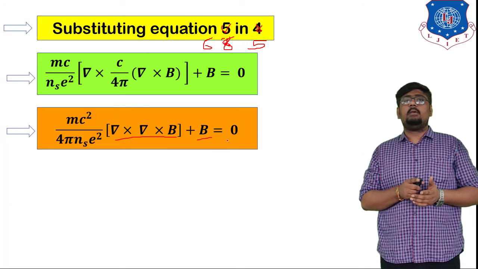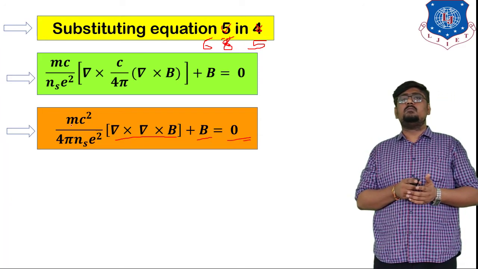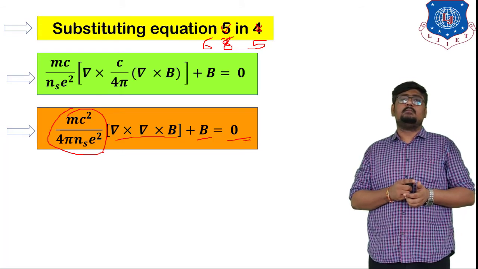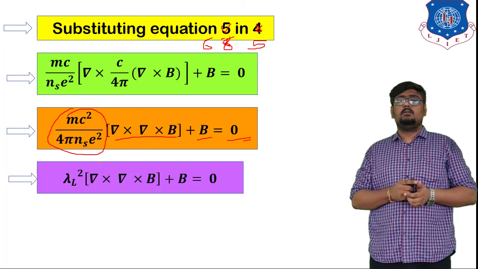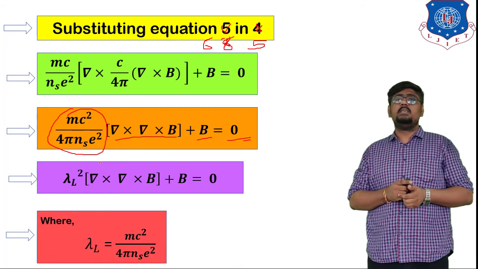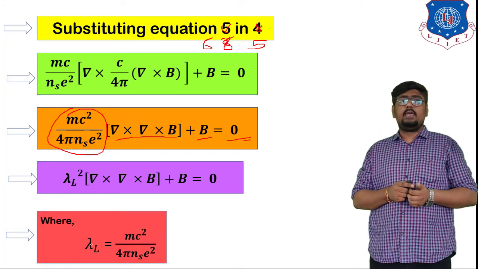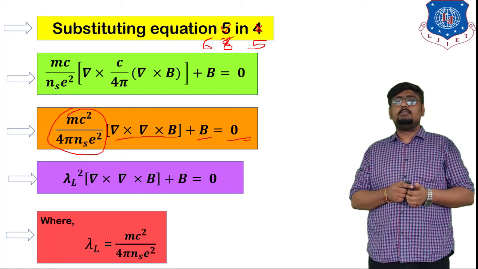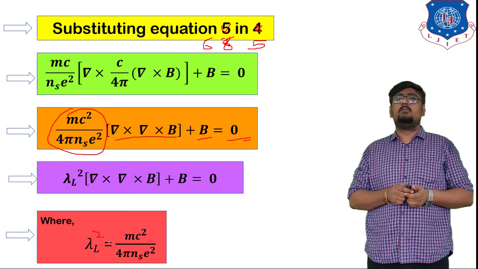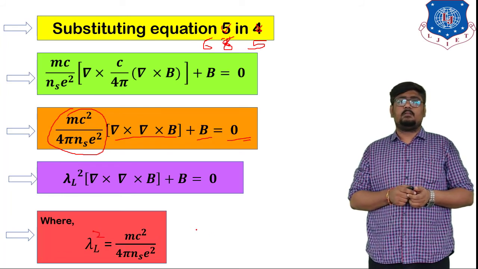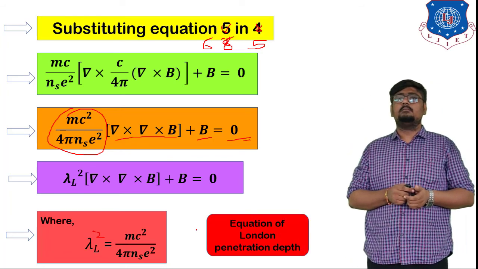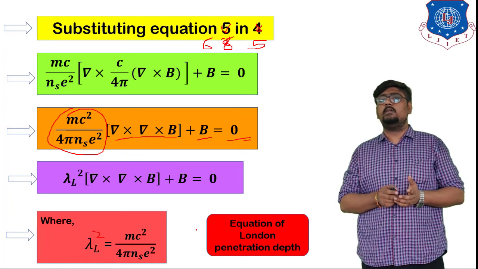So this term m c square by 4 pi Ns e square is termed as lambda L square. On substituting its value, lambda L square into curl curl of B plus B equals 0, where lambda L square equals m c square by 4 pi Ns e square. That is nothing but the equation of London's penetration depth, lambda L. So we can say from the above equation that the penetration depth is proportional to the superfluid density.